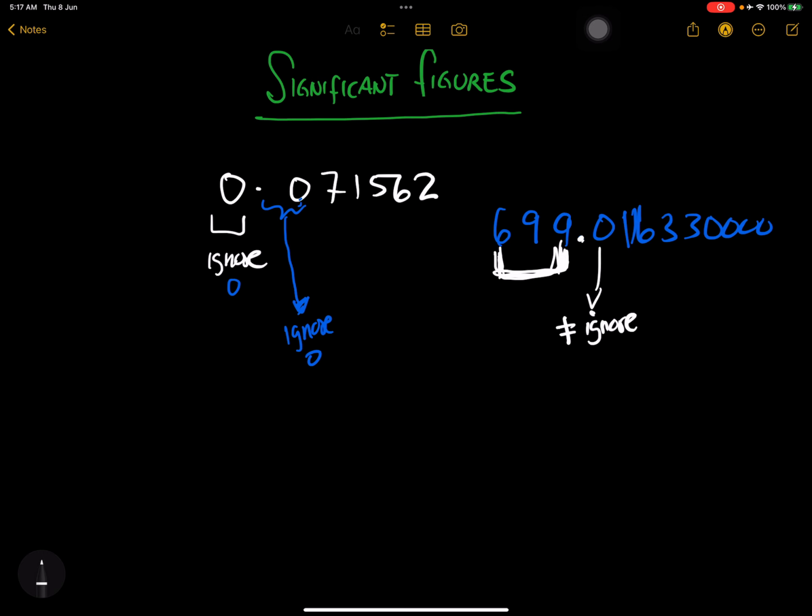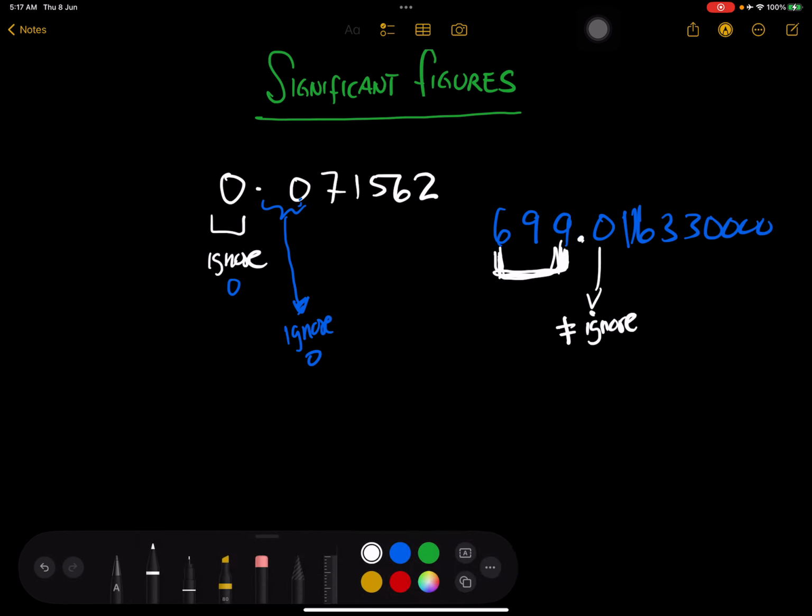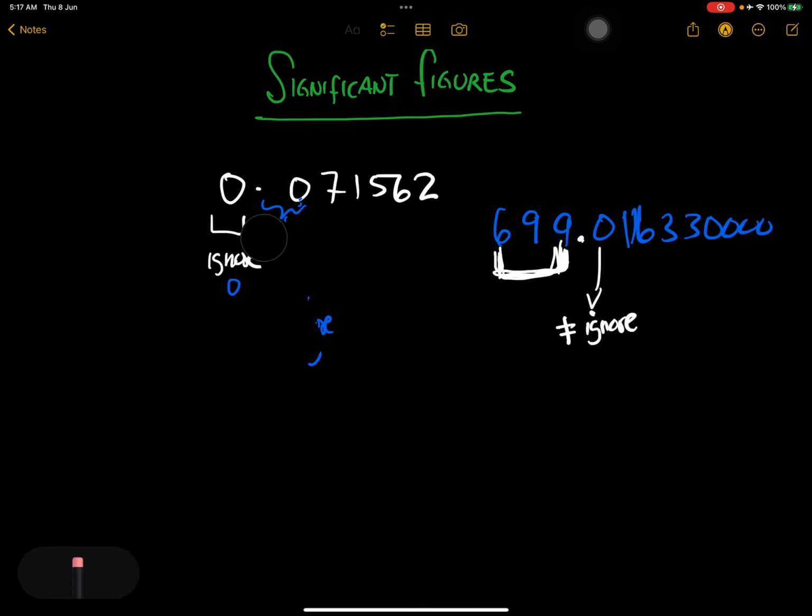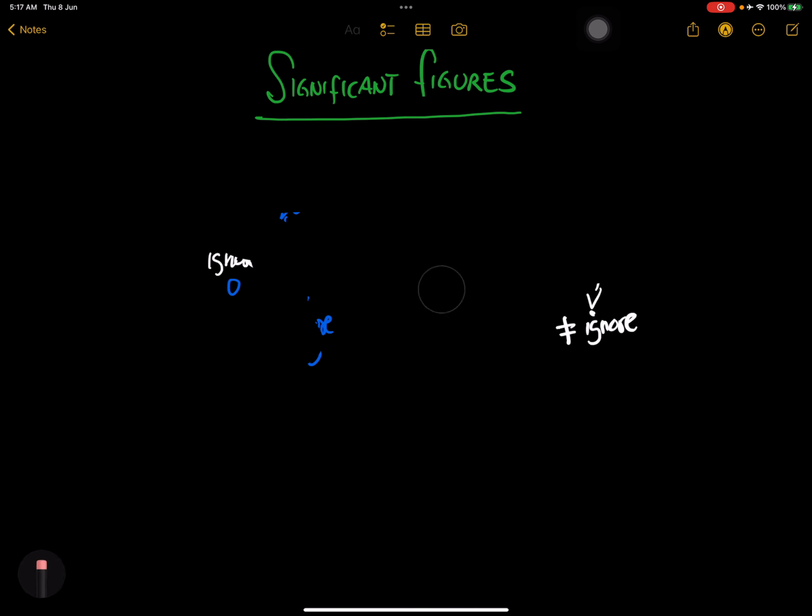I hope that is a bit clear. So we will consider the zero after the decimal point if the number before the decimal point is not zero.